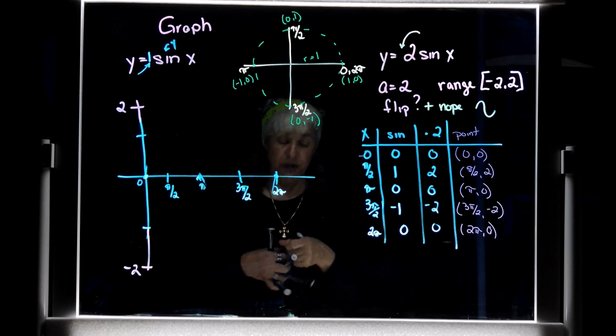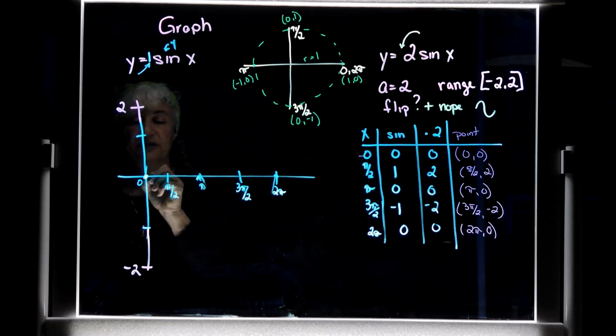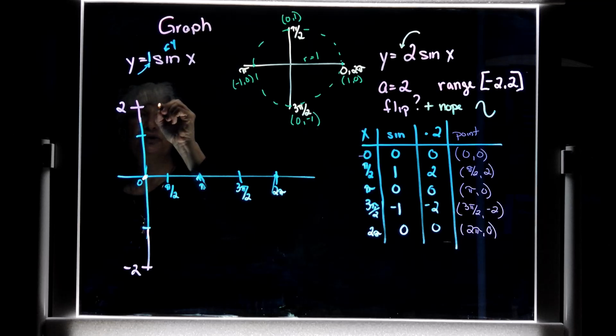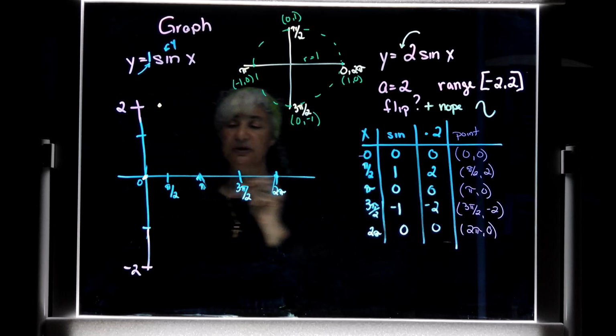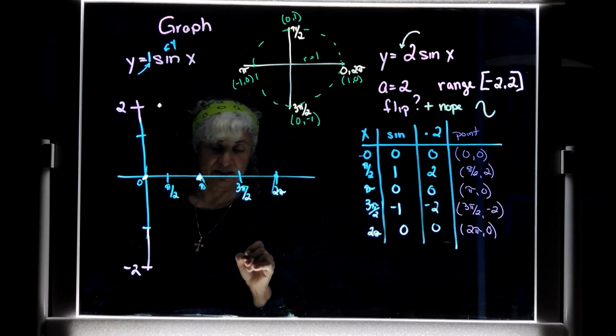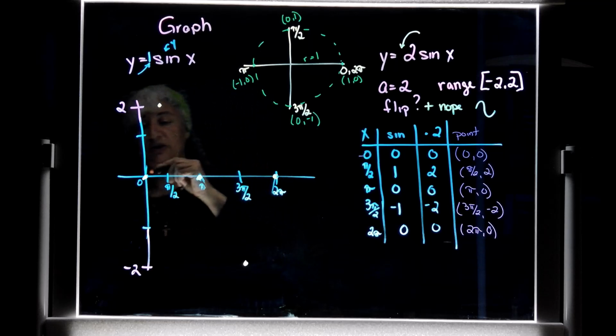And so let's plot our points and see what we get. The first point was 0, 0. The next point is pi over 2 and 2. The third point is pi and 0. Then 3 pi over 2 and negative 2. And then 2 pi and 0.